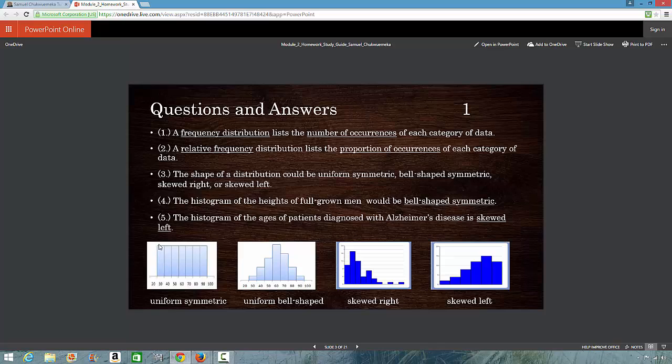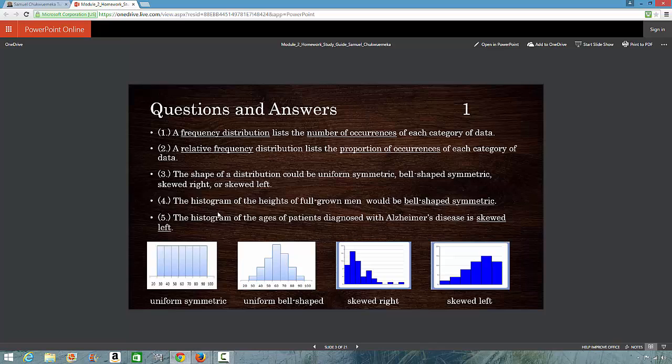So this is uniform and symmetric. This is bell-shaped, like your normal distribution. If the peak tends towards the left, but the tail is towards the right, then it is skewed right. And if the tail is towards the left and the peak is towards the right, it is skewed left.